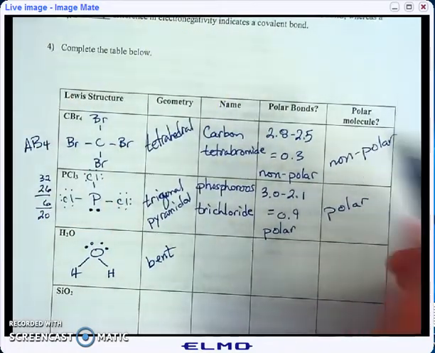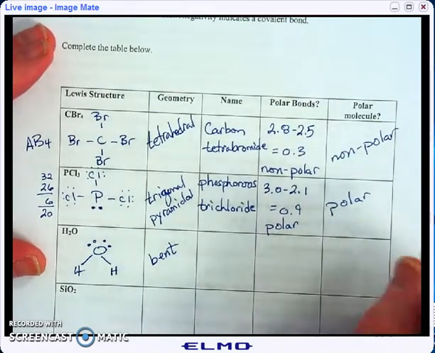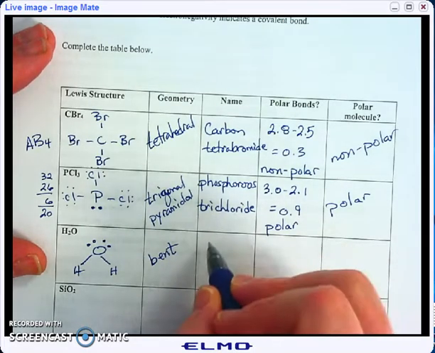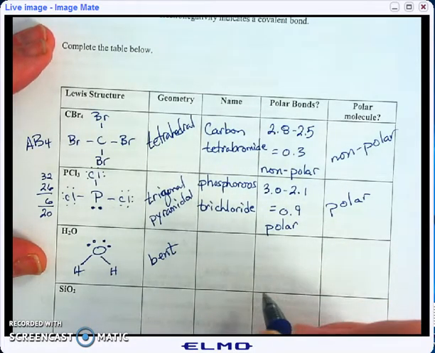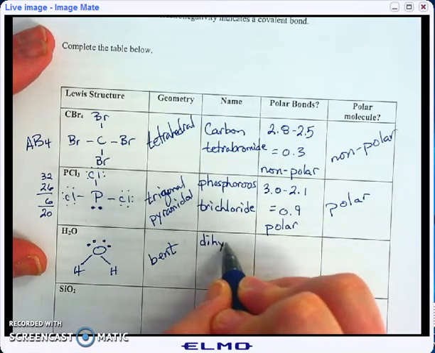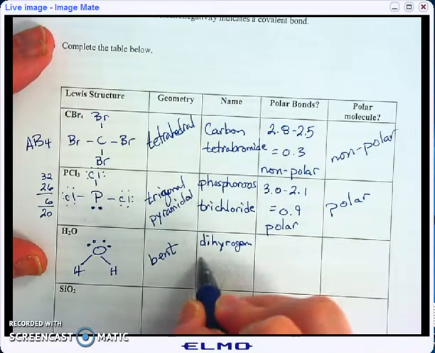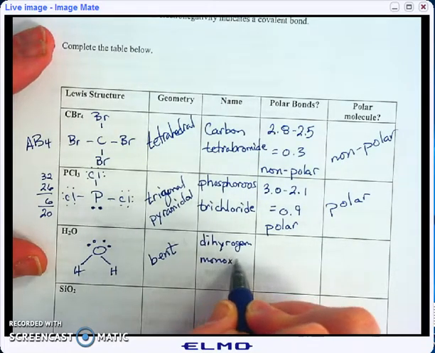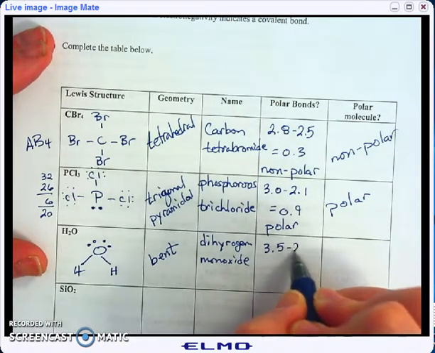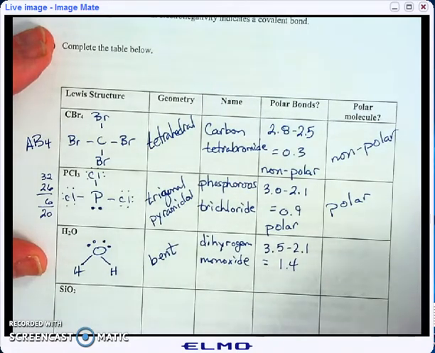So the name on that? Hydrogen monoxide. Okay, and we have a difference of 1.4, so that's what?